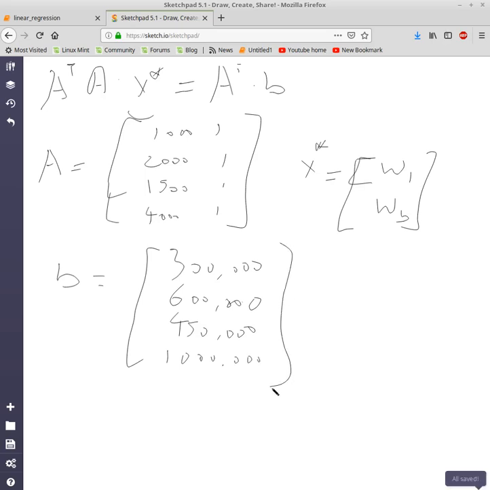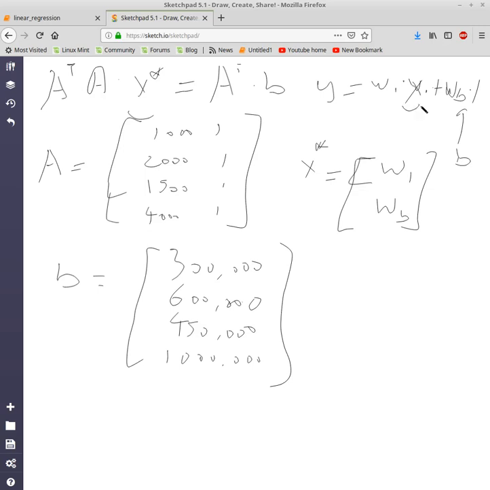For the equation, Y equals W1 times X1 plus WB times 1. So this could also be represented as just B.